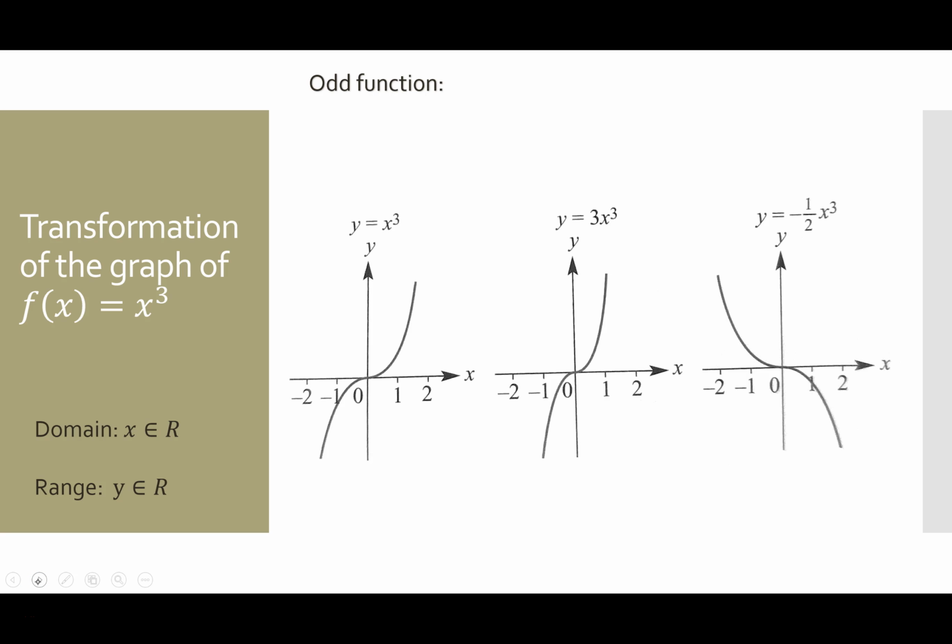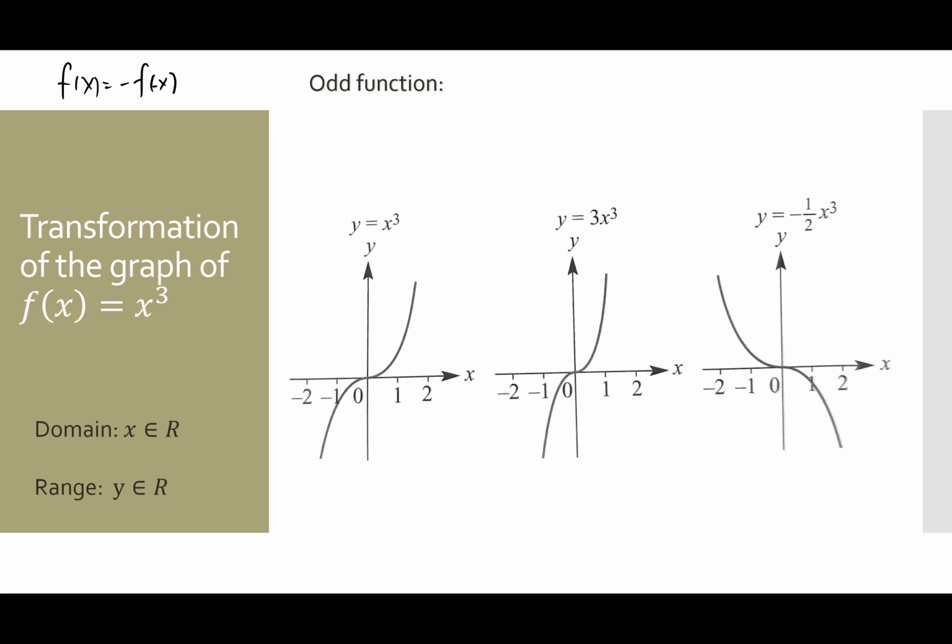For the first basic cubic function, we can see the graph is an odd function easily. Just a bit of a recap about what an odd function is: when we have f(x) equal to negative f(negative x).